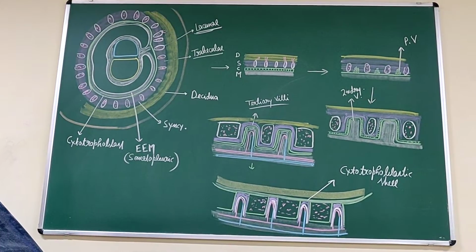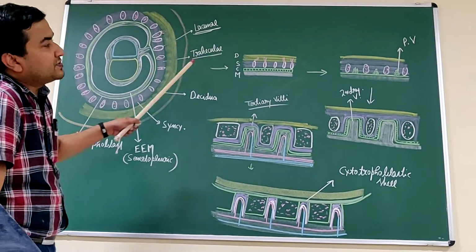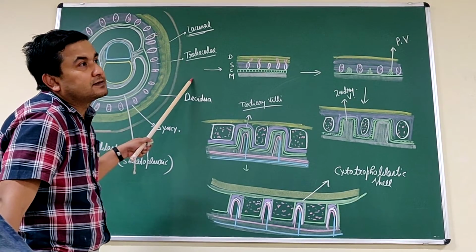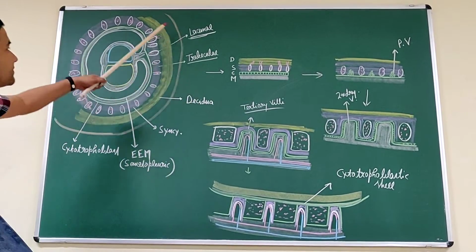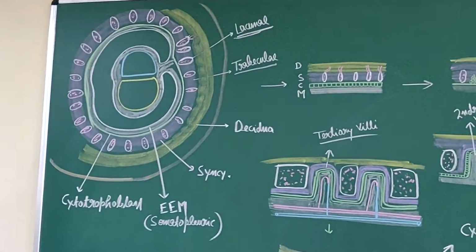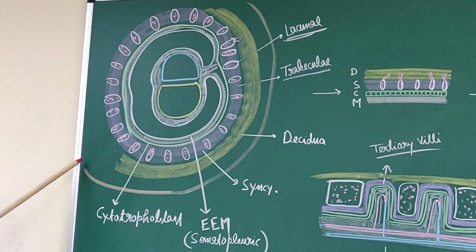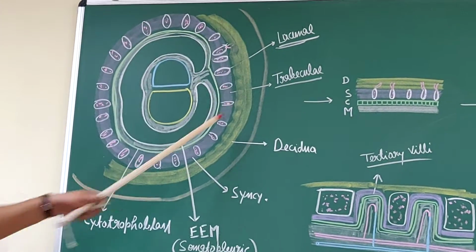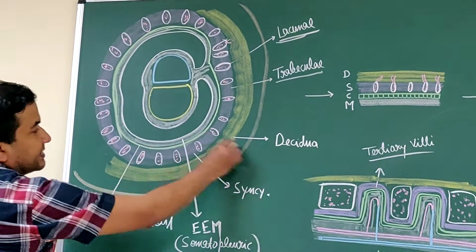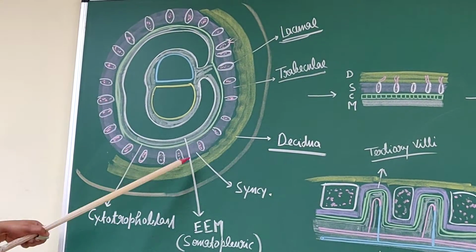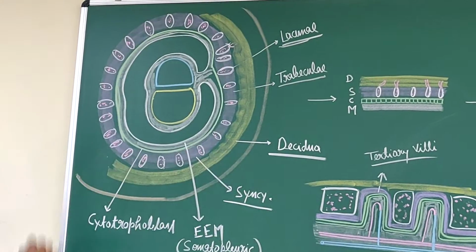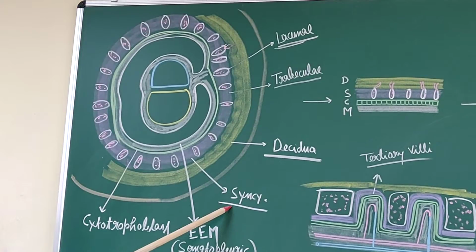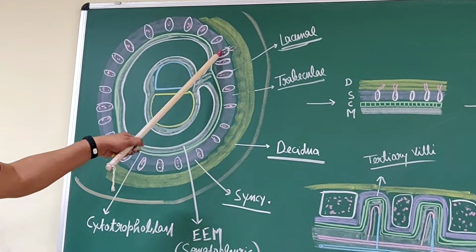Now this diagram represents how the villi and intervillous space are formed. First, this complete diagram. This is the blastocyst implanted into the wall of the uterus. This outermost layer is the decidua. Then it is the syncytiotrophoblast. Now, if you remember the previous class, in the syncytiotrophoblast there is a formation of cavities.